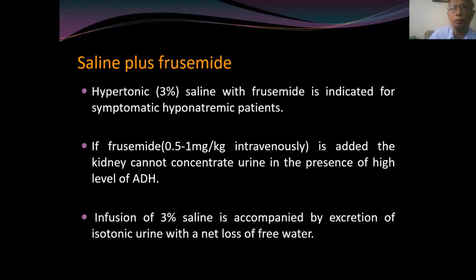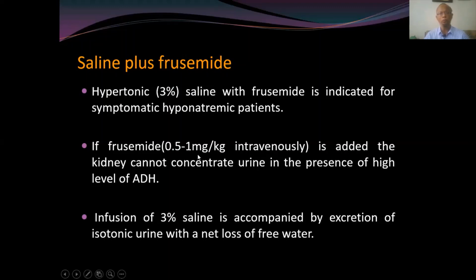Now, hypertonic saline, that is 3% saline, 3 gram in 100 ml of distilled water, with furosemide is indicated for symptomatic hyponatremic patients. If a patient rapidly develops neurological symptoms, with rapid onset, then you can correct hyponatremia with saline and furosemide.